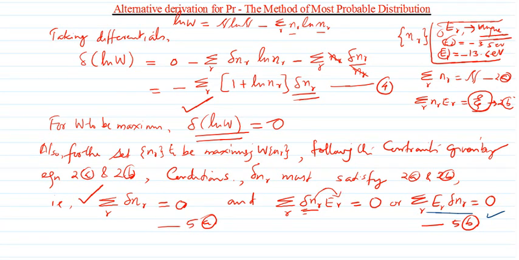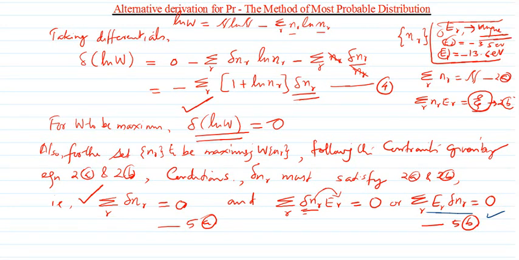We concluded our former session by telling that such a maximization can be done with the help of a special technique in mathematics called the Lagrange's method of undetermined multipliers.